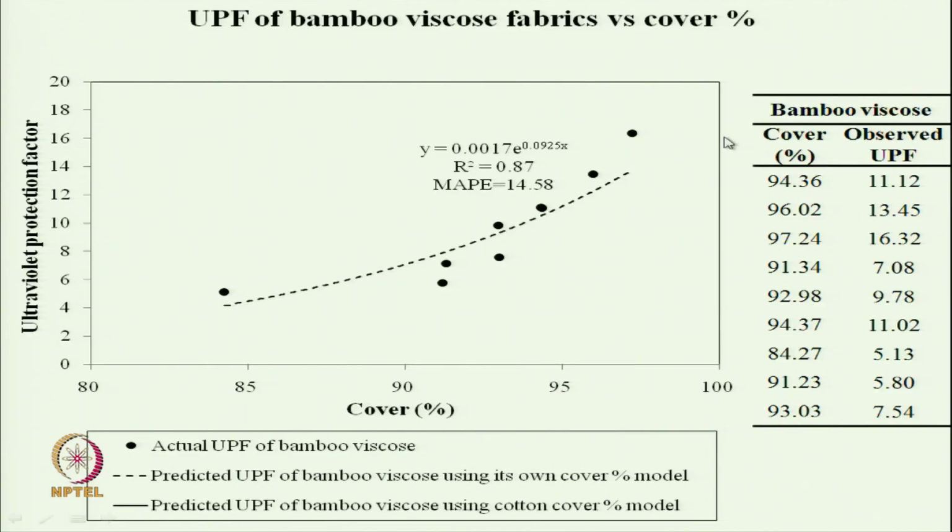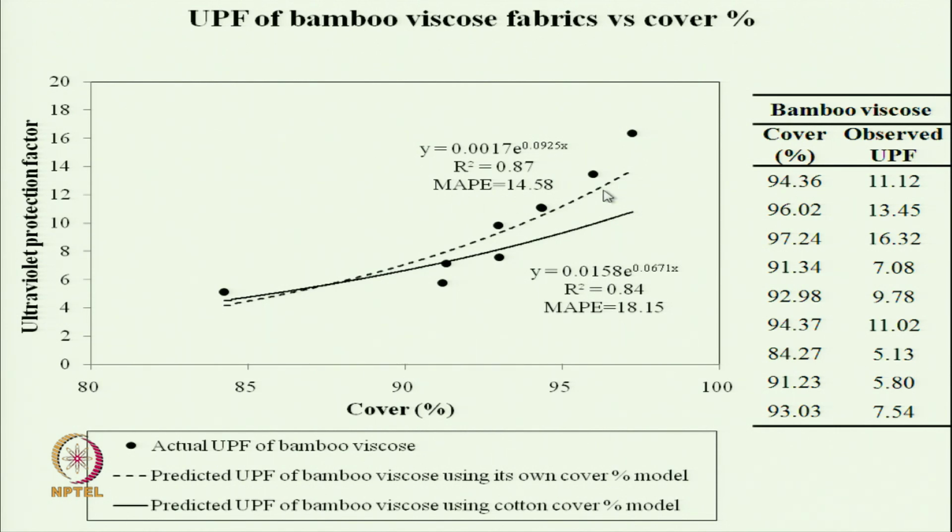Now, if we use bamboo viscose fiber fabric versus cover percent, the relationship will be 0.0017 e to the power 0.092 x.